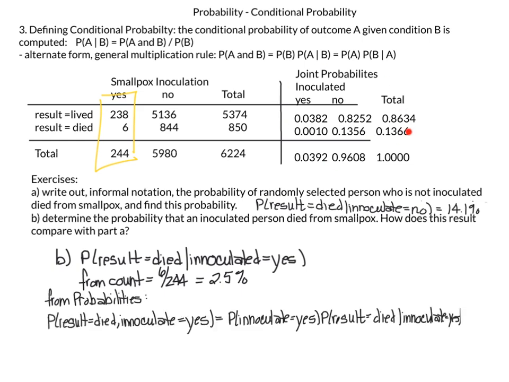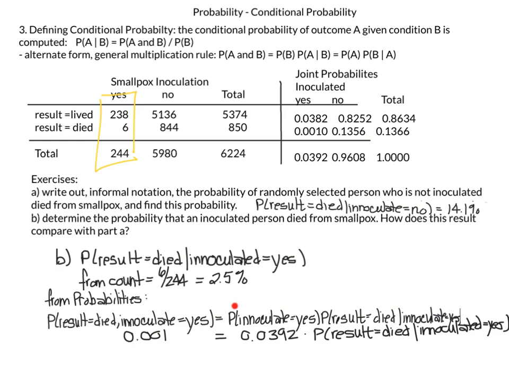From our joint probabilities table and our conditional probability formula, we're using this one: probability of A and B, or result equals died and inoculated equals yes, equals probability inoculated equals yes, times the probability result equals died given inoculated equals yes. We can read off of our joint probabilities died and inoculated is yes, that's 0.001.